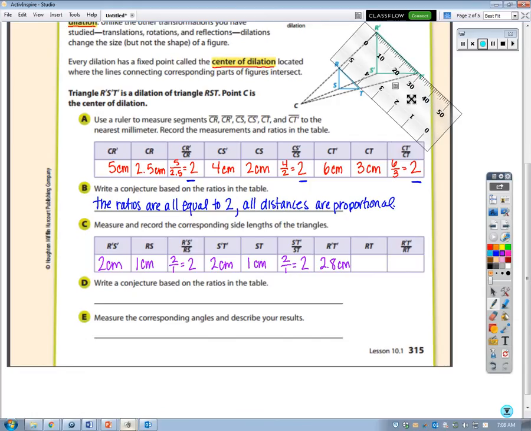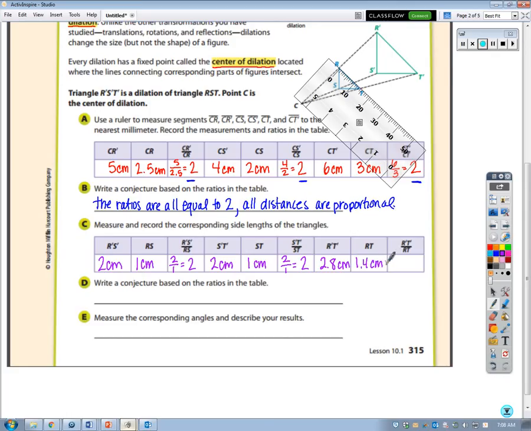Come on, ruler. There we go. And that was about right. There's 1, 2, 3, 4 right there. So this is 1.4 centimeters. And then my ratio, 2.8 over 1.4. 2.8 divided by 1.4 is 2. So all my ratios are the same again.